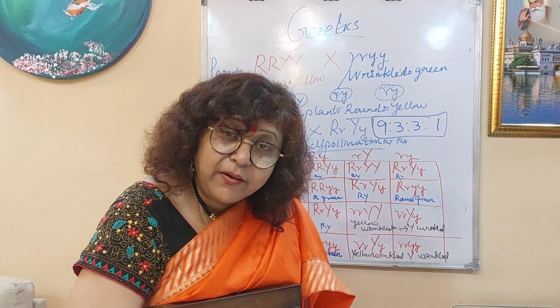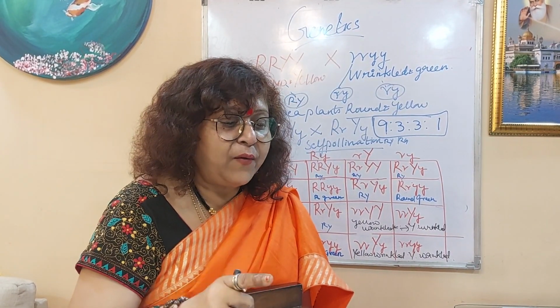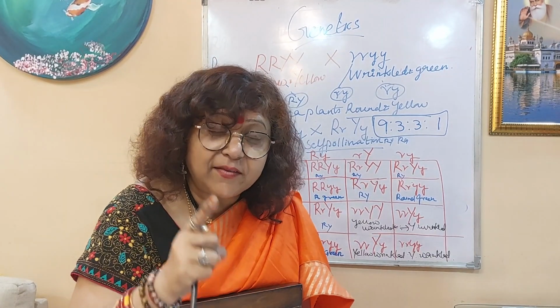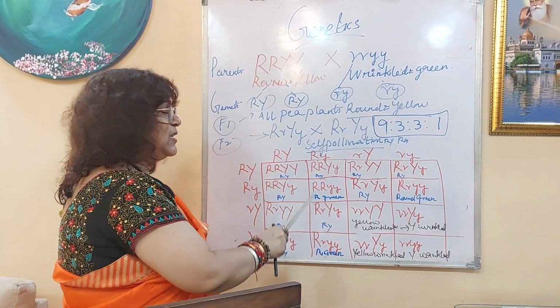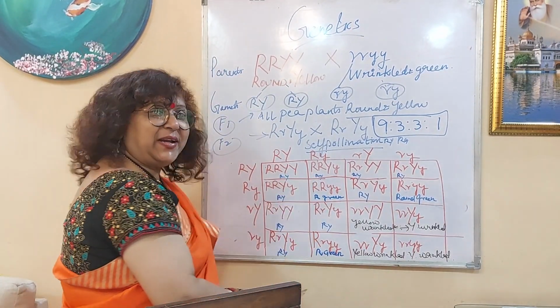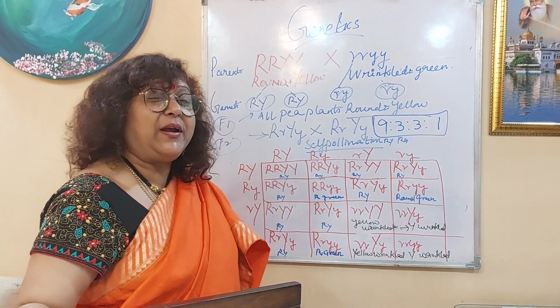What is the dihybrid cross definition? The breeding experiments done when we take 2 pairs of contrasting characters. I have drawn this here because it will take a bit of time, and I want you to draw it on your own.